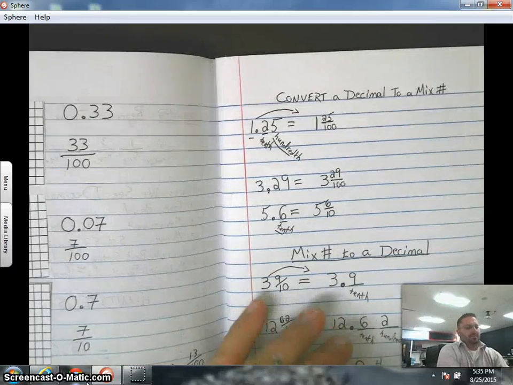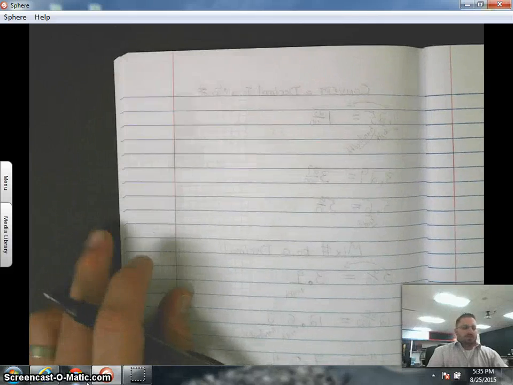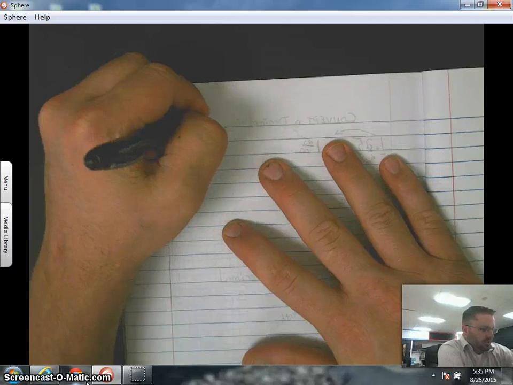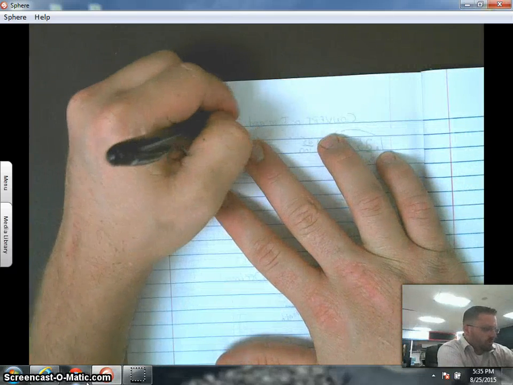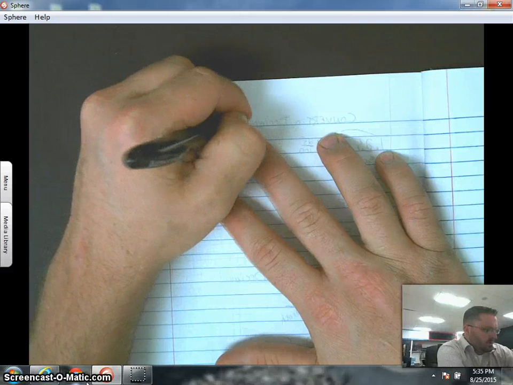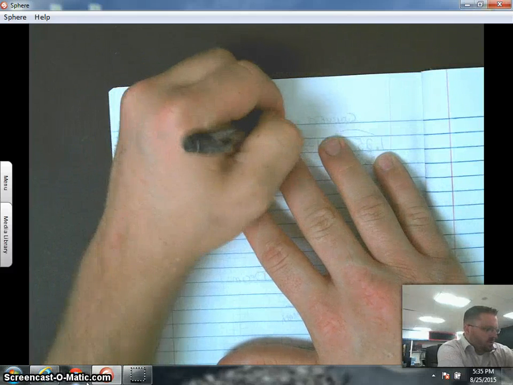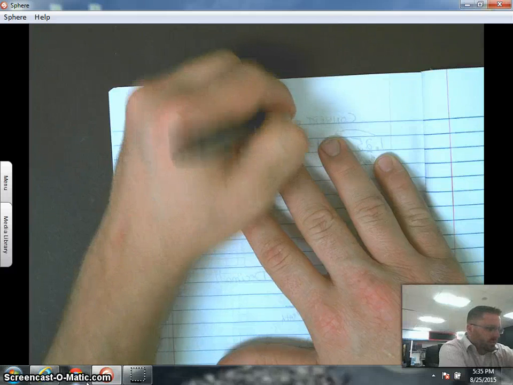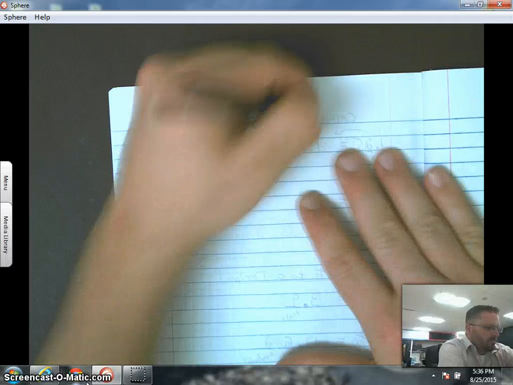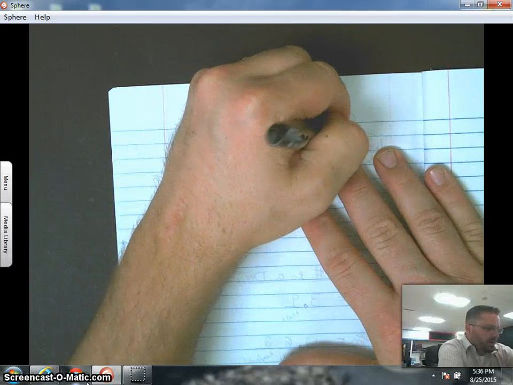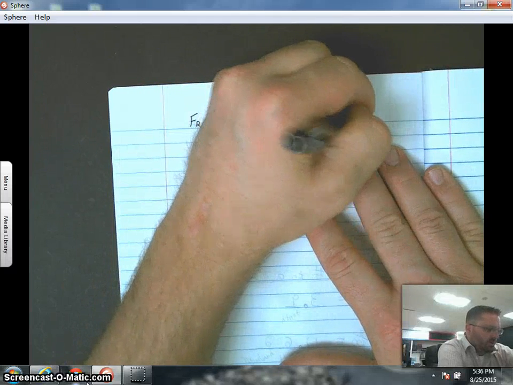Alright, our last thing, and I'm going to turn the page because I know I'm going to need some space for this one, is we are going to look at how to go from a fraction to decimal by division.